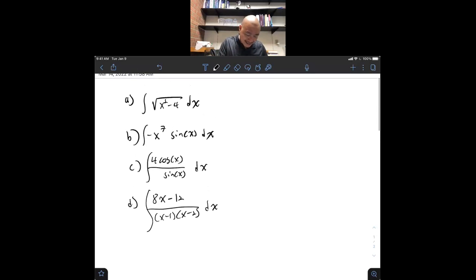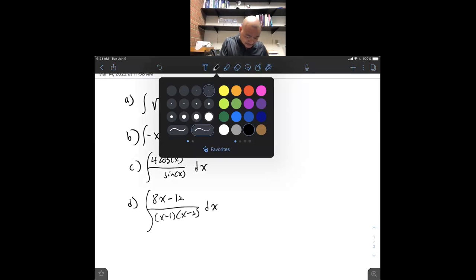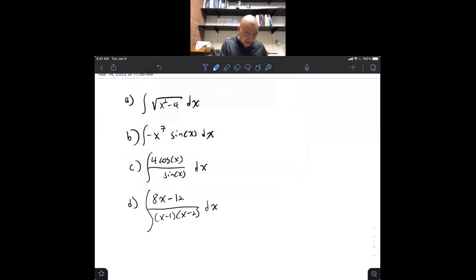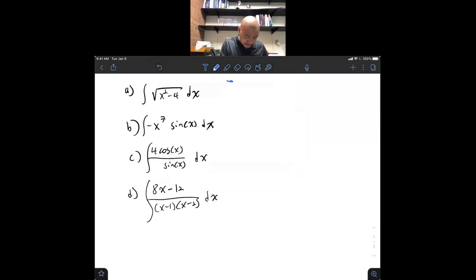So for A, I would say trig substitution, trig sub, use a trig identity to simplify the radical expression.